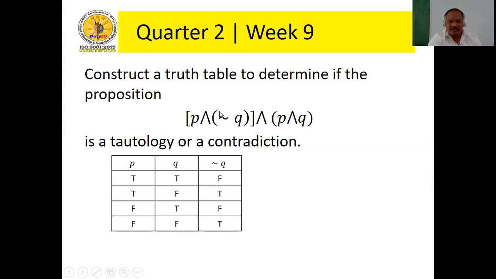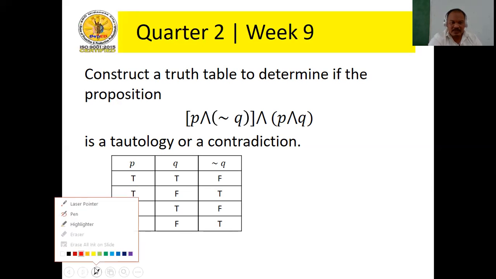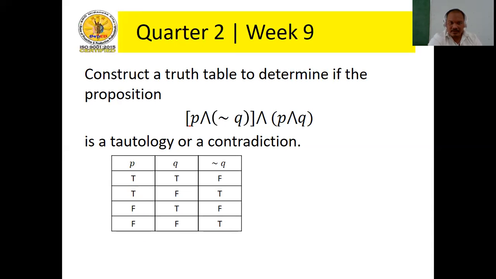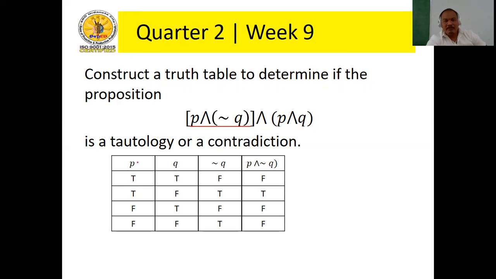Then we have the first compound operation. So we have this column: P and not Q, and the operation is conjunction. If both of the propositions are true, then the conjunction is true.